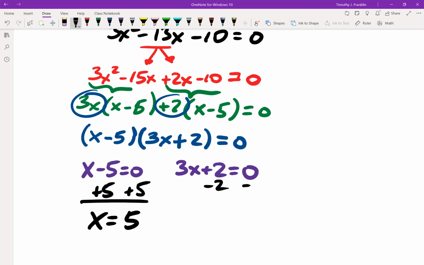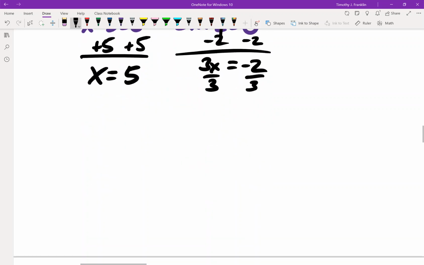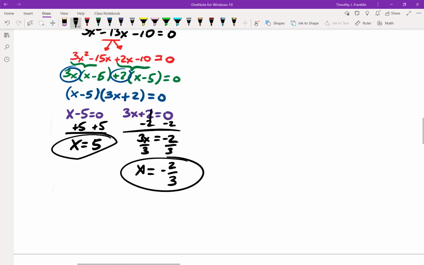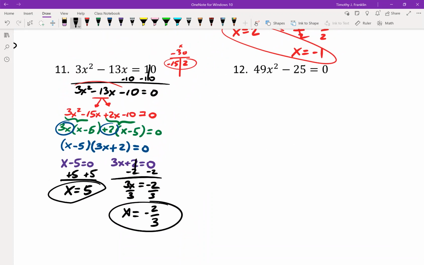And here we have to subtract 2 and then divide by 3. That would be x equals negative 2 over 3. So 5 and negative 2/3. And that is number 11.